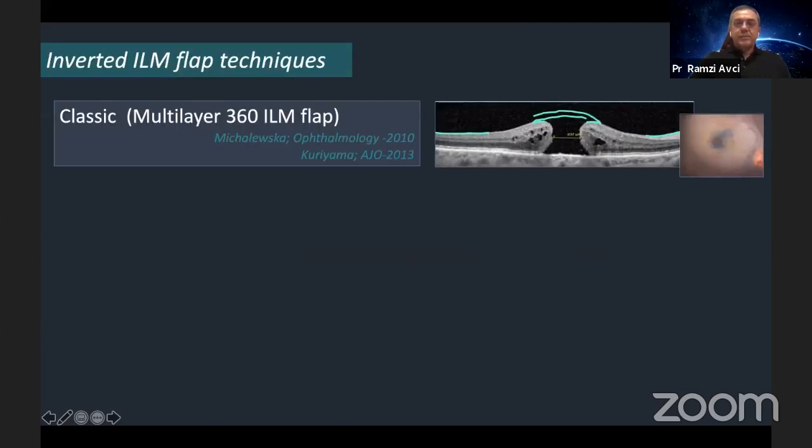Before I present my case, I would like to give brief information about the inverted flap technique. As you know, it was first described in 2010 by Michalewski et al. as a multi-layer 360-degree inverted flap technique.